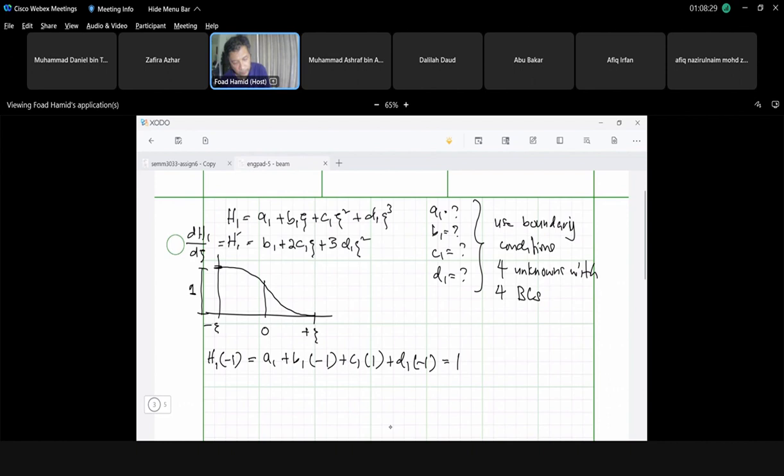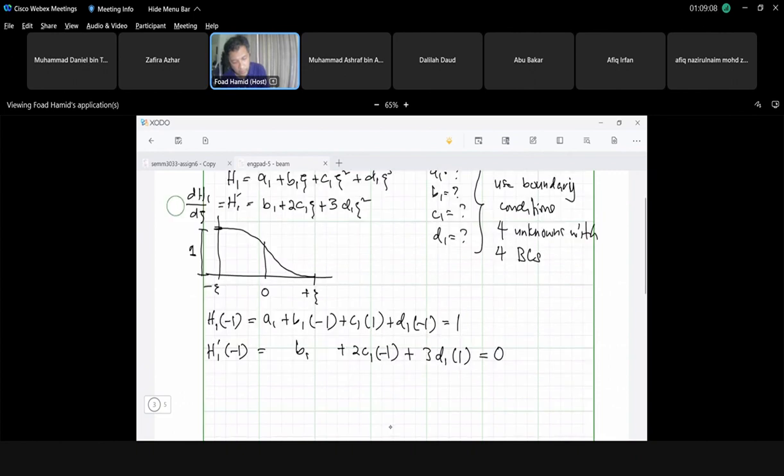So H1 prime at z equal to minus 1 is just equal to B1 plus 2C1 times minus 1 plus 3D1 times 1, and this should equal 0.